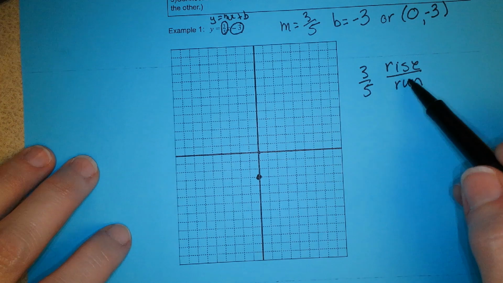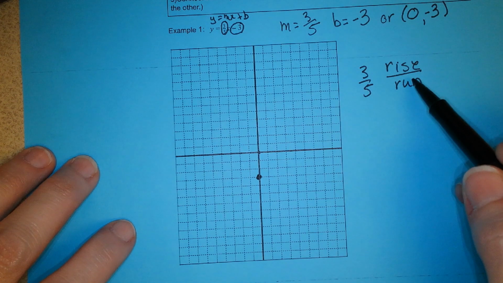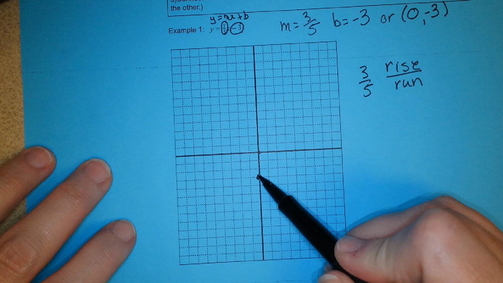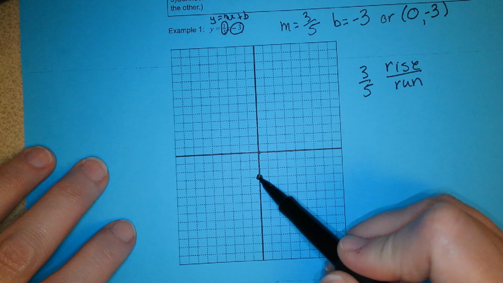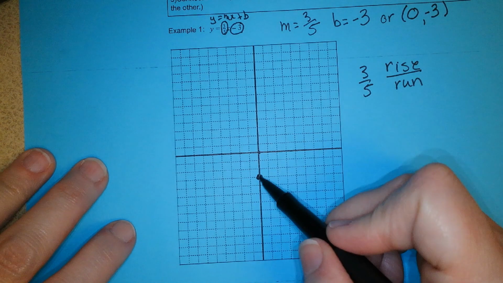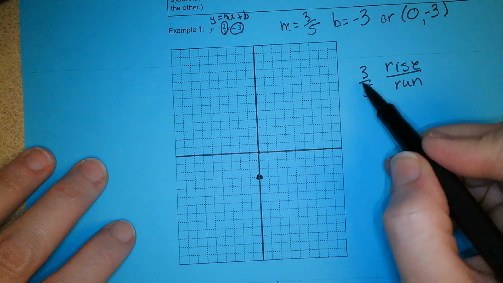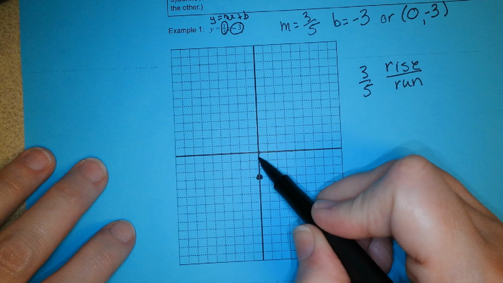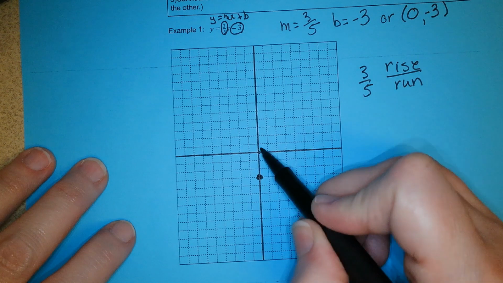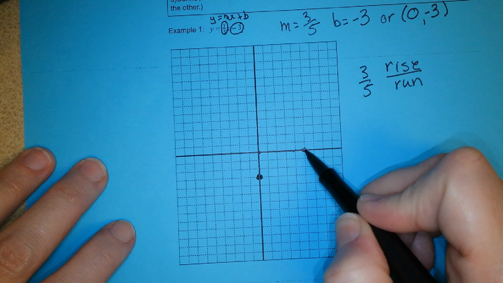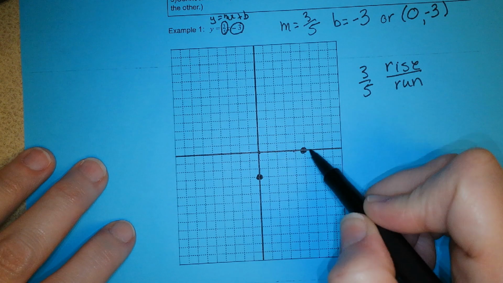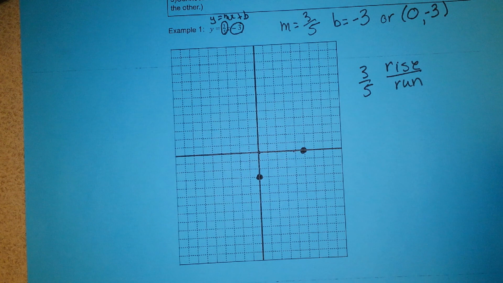So that's the purpose of applying the slope next, because we can start with the y-intercept and find our second point by using the rise over run. So from this y-intercept, we're going to rise 3, 1, 2, 3, and then we're going to run 5, 1, 2, 3, 4, 5. And I rise up and run to the right because this is a positive slope.